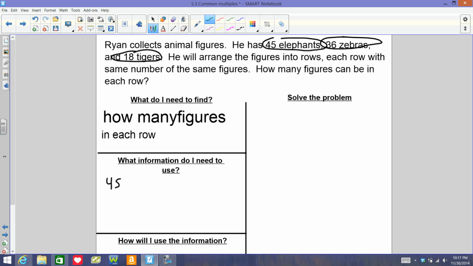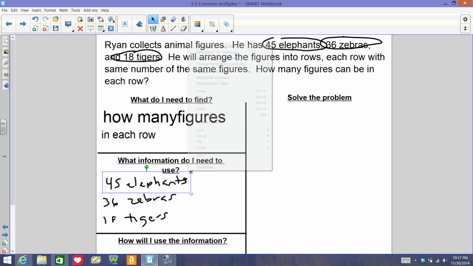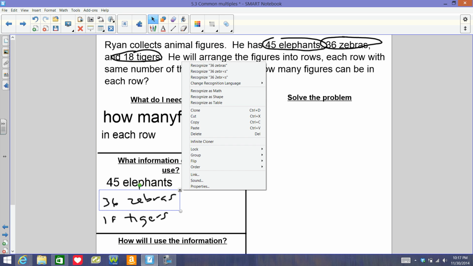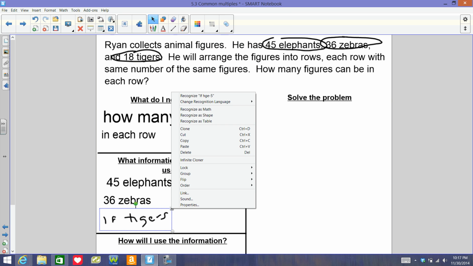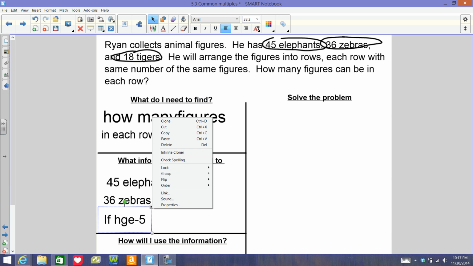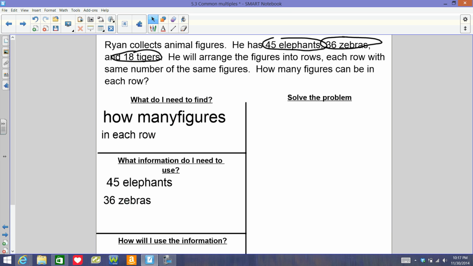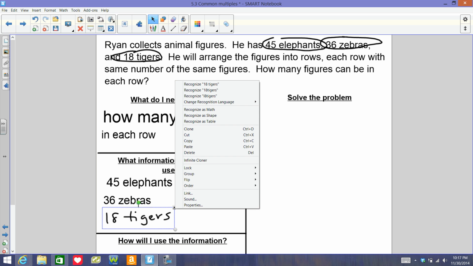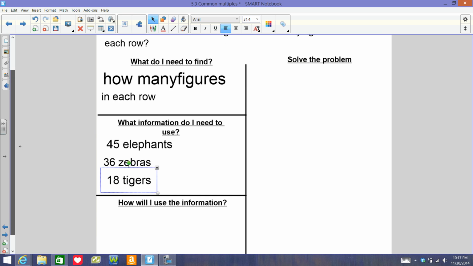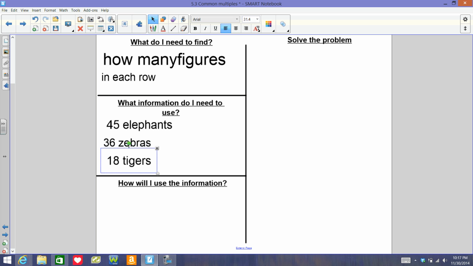I've got 45 elephants, 36 zebras, and 18 tigers. All right, how are we going to use this information? Well, like the other one, I need to figure out what the factors are.